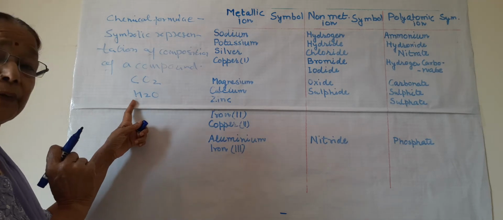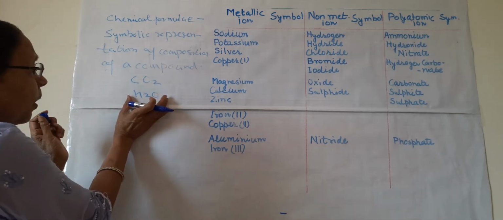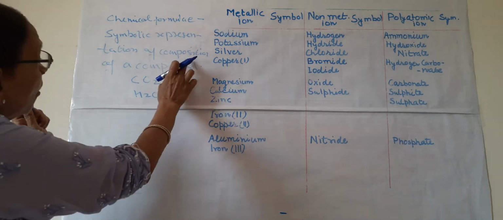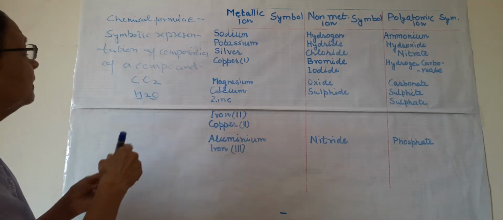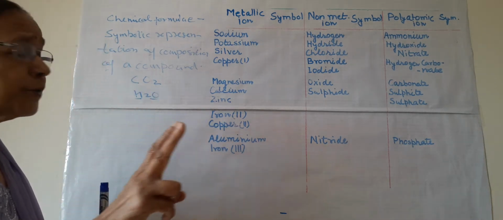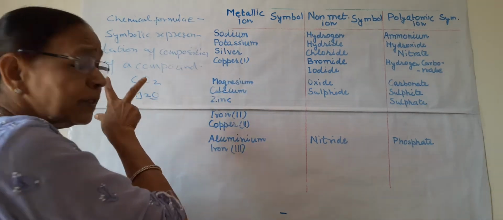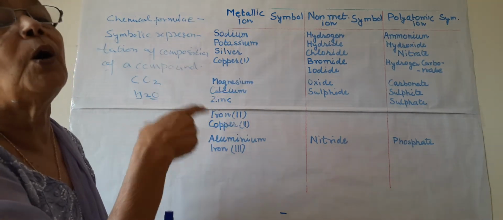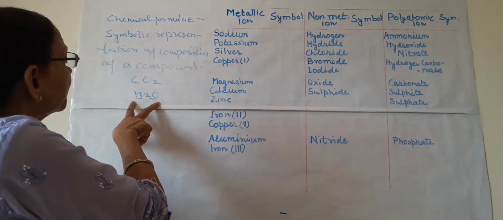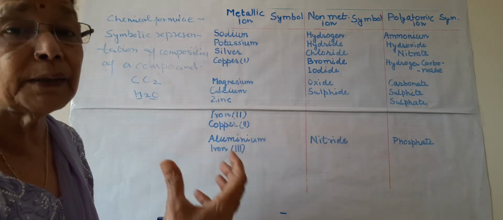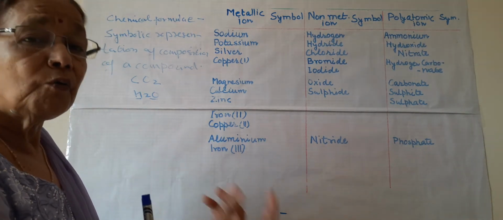The symbol of hydrogen is H, symbol of oxygen is O. So the symbolic representation of composition, this is the composition of water, that is there must be 2 hydrogen atoms and 1 oxygen atom. So this is the composition of water molecule or compound, and it is represented in a symbolic manner. So this is known as chemical formula of water.